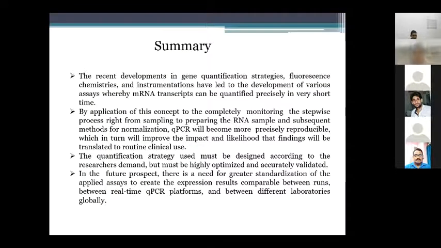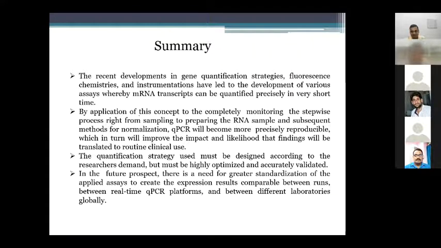So in summary, ultimately we can say that qPCR, the assay development and the gene quantification strategy, the fluorescence chemistry, and the instrumentation have led to the development of various assays whereby mRNA transcripts can be quantified precisely in a very short time.